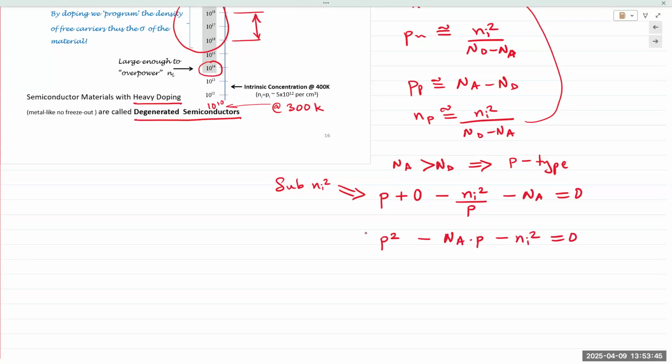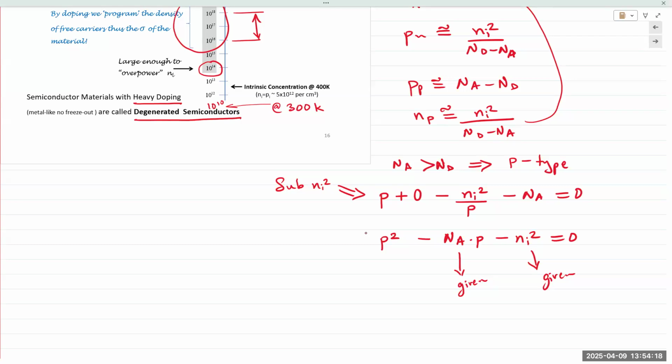The value of Ni square was given, the value of Na is given. What kind of equation is this? Quadratic equation, one unknown variable. Solve for that variable, you'll get two answers. And b square minus 4ac is greater than 0, so there are two real roots. One is positive, the other one is negative. Obviously, the number of electrons or holes cannot be negative, and so there's only one possible answer.